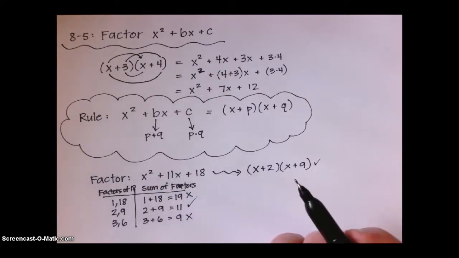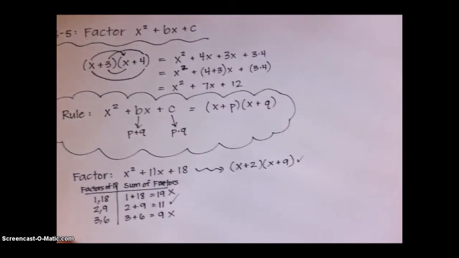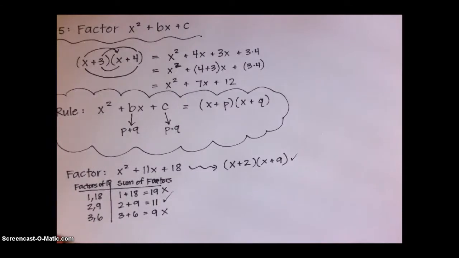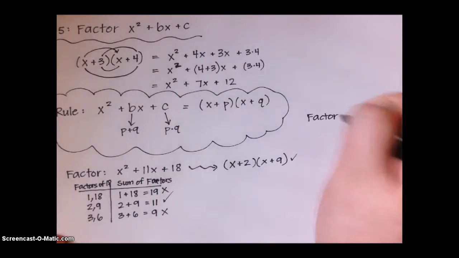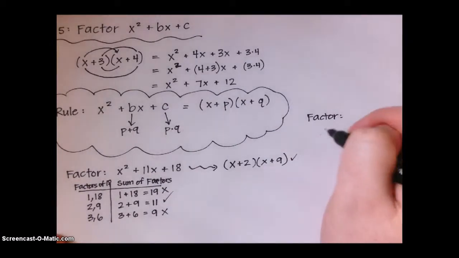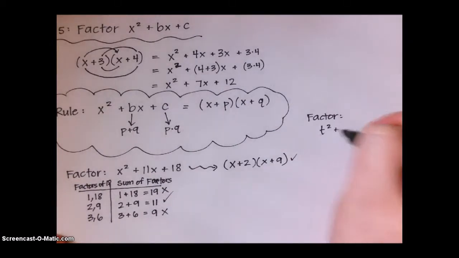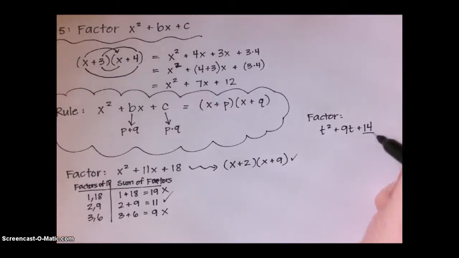All right? Why don't we try one more example like this? I have a little bit of room over here on the side. So why don't we factor t squared plus 9t plus 14. So again, I'm going to look at what my c is. In this case, it's 14, and that's what I want to find the factor of.